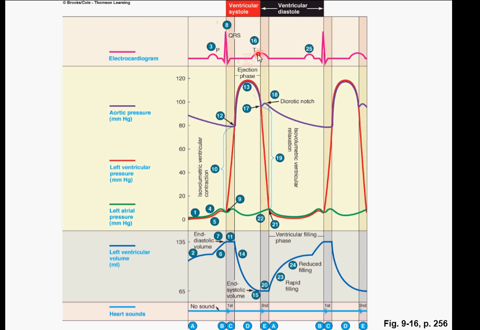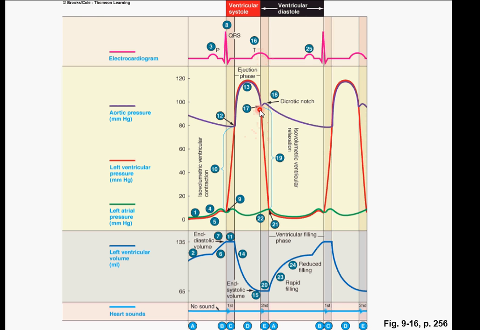Now at the T wave, you can say at the end or at the middle, and the doctor usually considers it at the end, I will have relaxation, and this will lead to isovolumic relaxation. Because we have isovolumic and relaxation, it's the isovolumic relaxation phase.